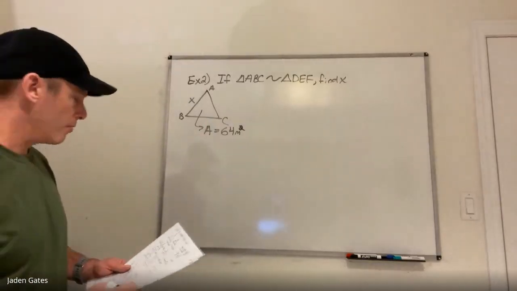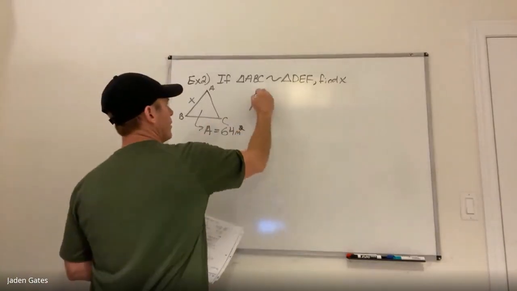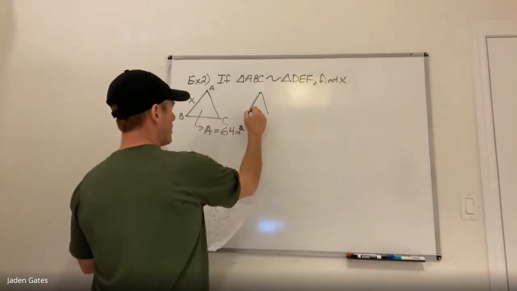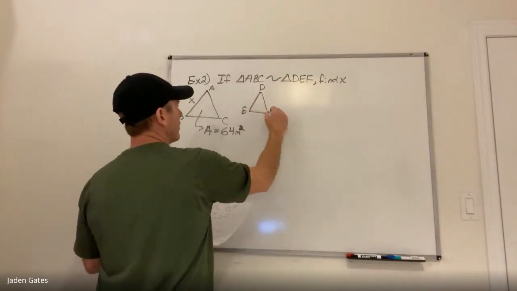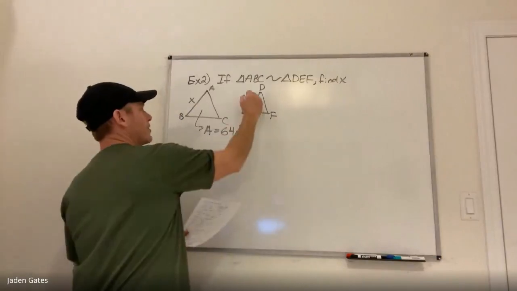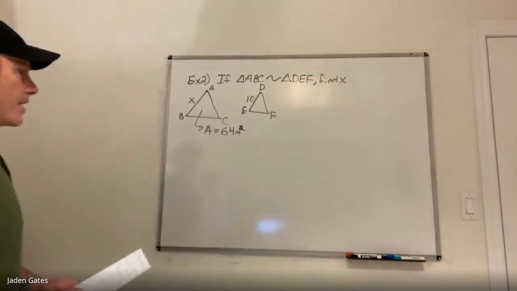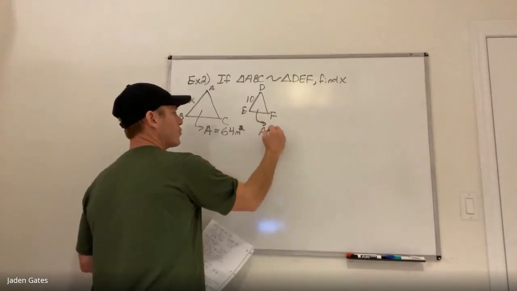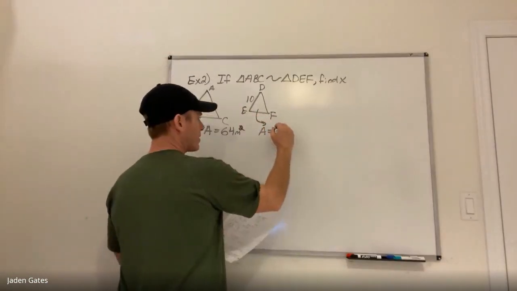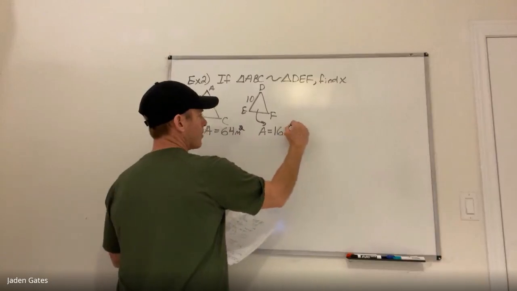Sorry, I don't want volume. All right, now I have another triangle here, which is triangle DEF. I'm going to tell you this side has a length of 10, so from D to E. And this area here for this triangle is 16 meters squared.